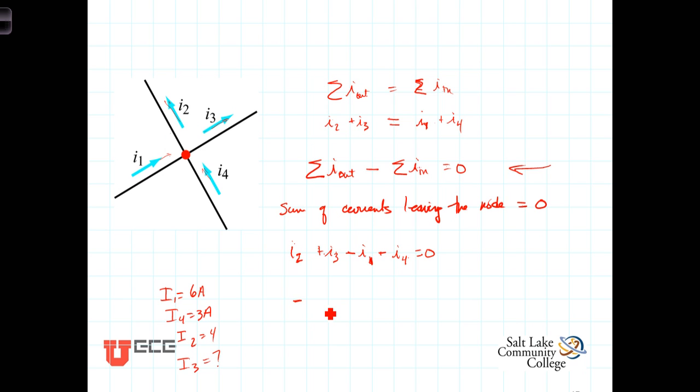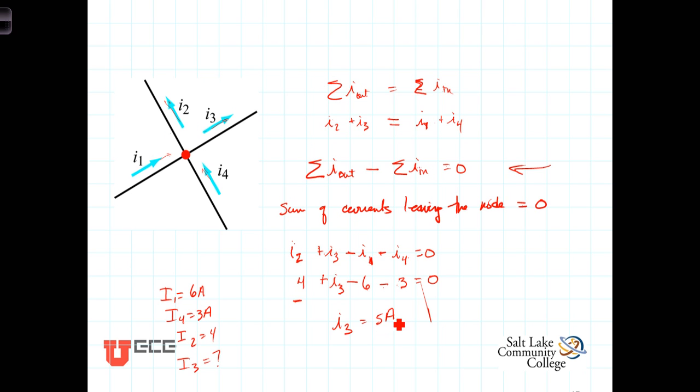Let's start with, as we've written it here, I2 would be 4 plus I3, which we don't know, so let's just call it I3, minus I1, which is 6, minus I4, which is 3, equals 0. So we have negative 6 minus 3 is negative 9, plus 4 is negative 5, which we take to the other side. That tells us then that I3 would equal 5 amps.